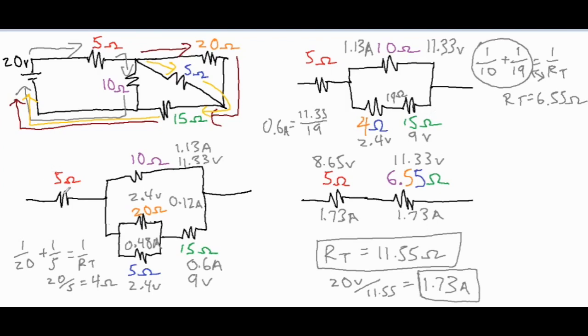Now going to our 5 ohm resistor, we didn't fill that one out, but we did right over here. So I could just go ahead and transfer those numbers over and say this is the 8.65 voltage drop, and it gets the full 1.73 amps total.